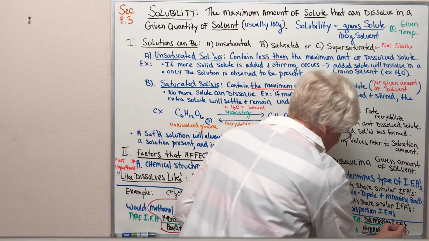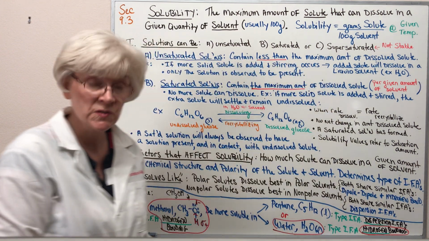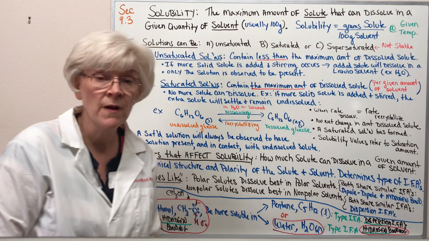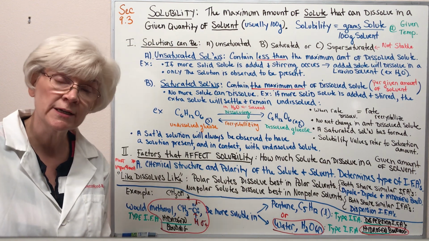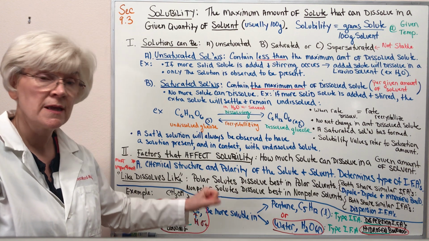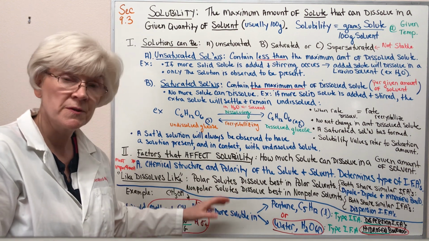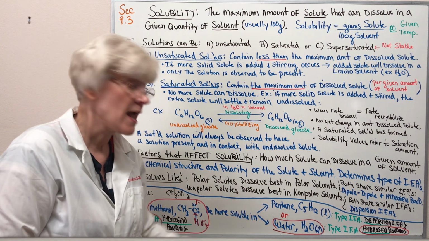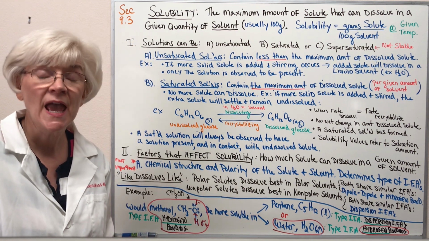Therefore, a mixture, a solution between methanol molecules and water molecules will readily occur because they both are polar molecules. They can hydrogen bond with themselves and with each other and form a mixture, a solution.